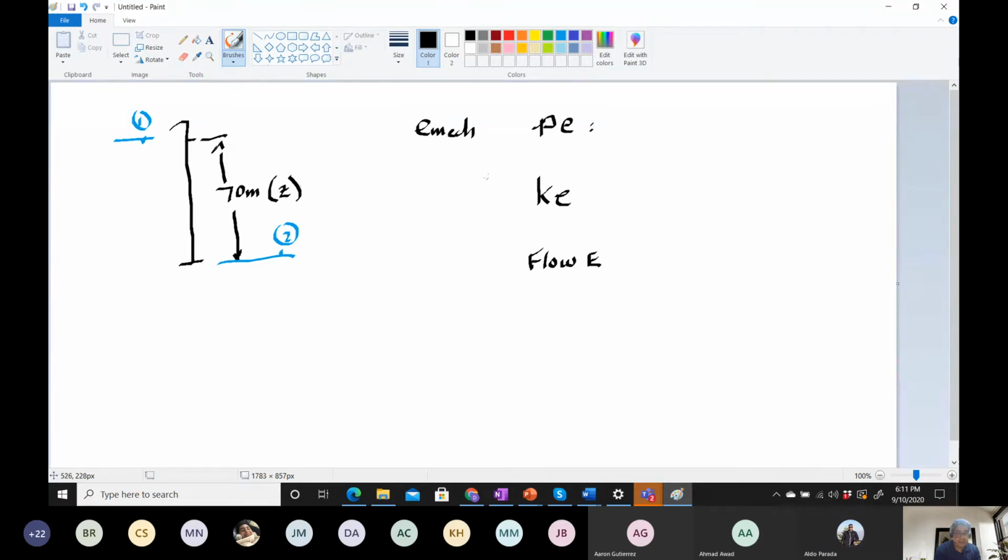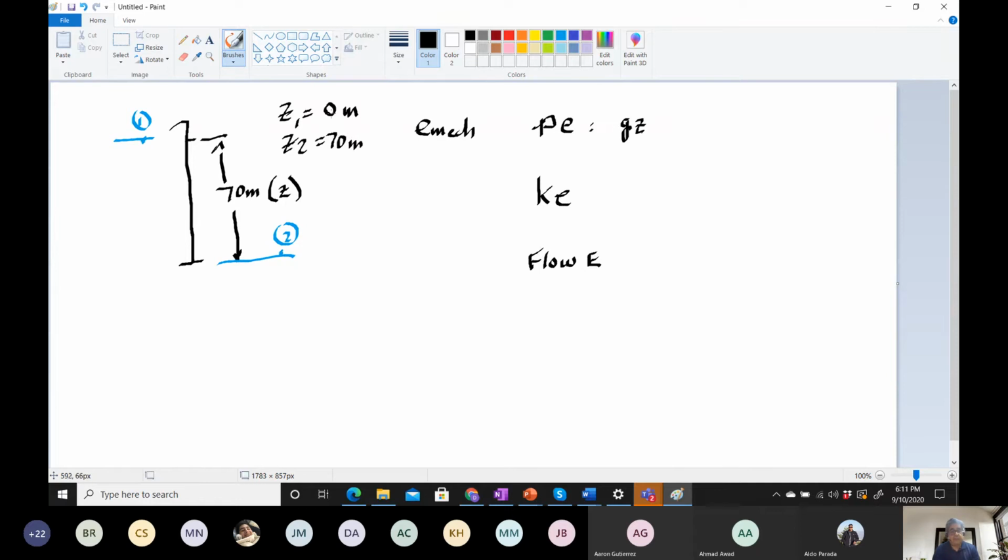So we know specific potential energy, potential energy divided by mass, is equal to gravity times Z. But if we say Z1 is equal to 0 meters, then we can say Z2 is equal to 70 meters.